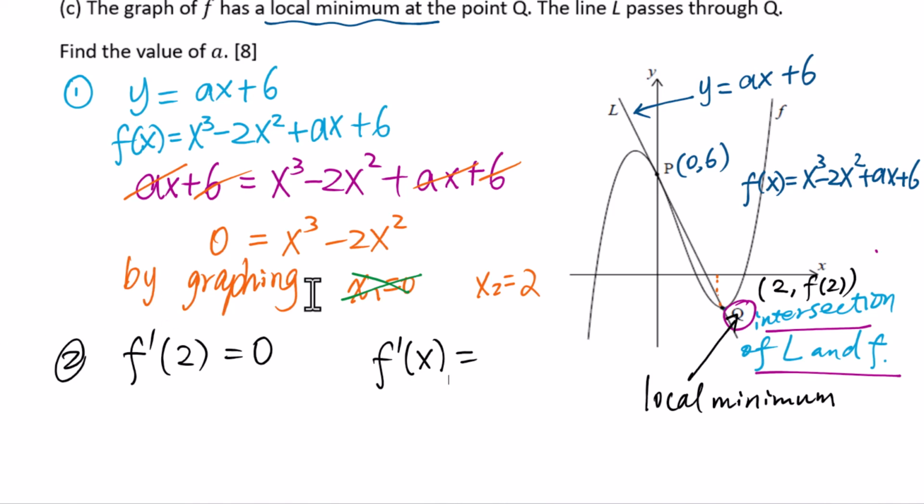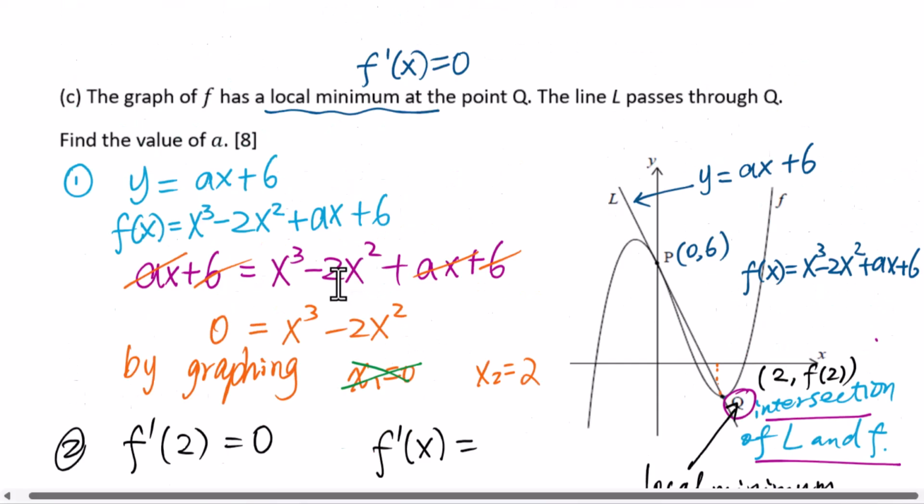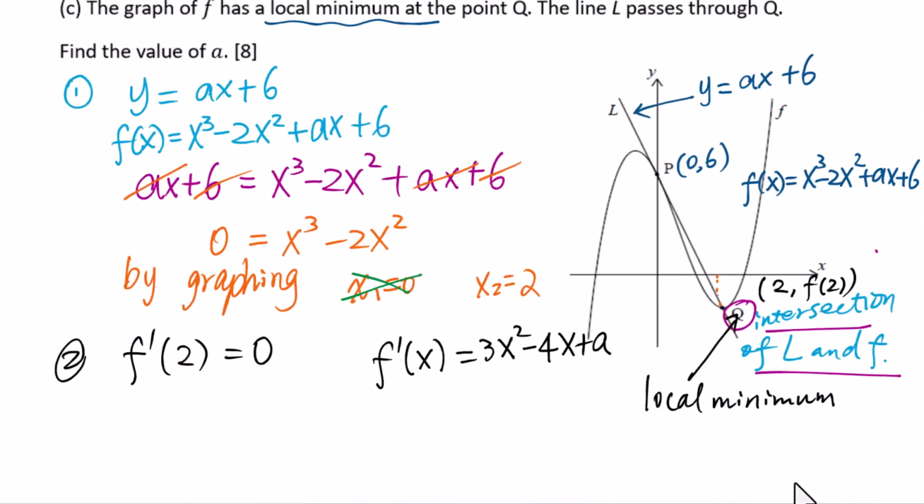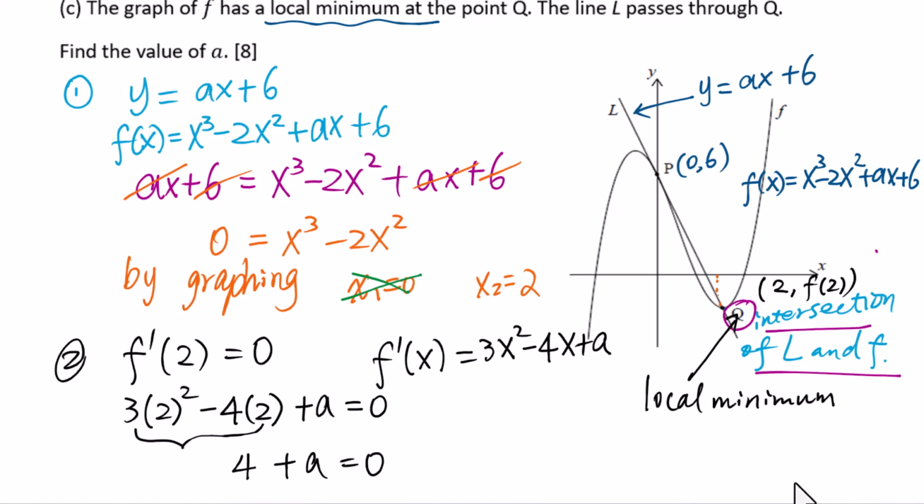Let's go back to the previous question. F prime of x equals 3x squared minus 4x plus a. Let's do the substitution. 3 times 2 squared minus 4 times 2 plus a equals 0. Work this out in your calculator. We can get 4 plus a equals 0. So a equals -4.